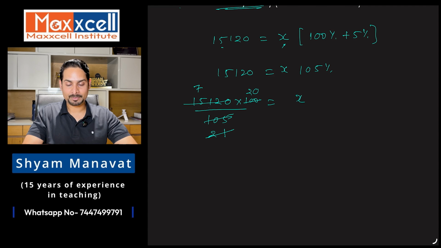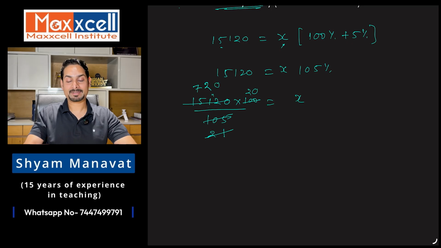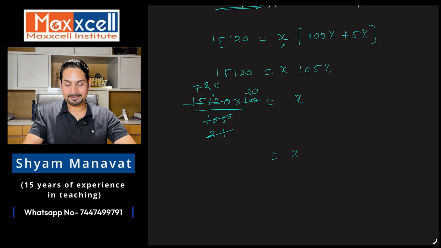So this becomes 42. Now 21 times 2 is 42, and then 1 extra 0 there as a gift. So what do you get as the value of X? 720 into 20, that will be 14400. Is this your answer?